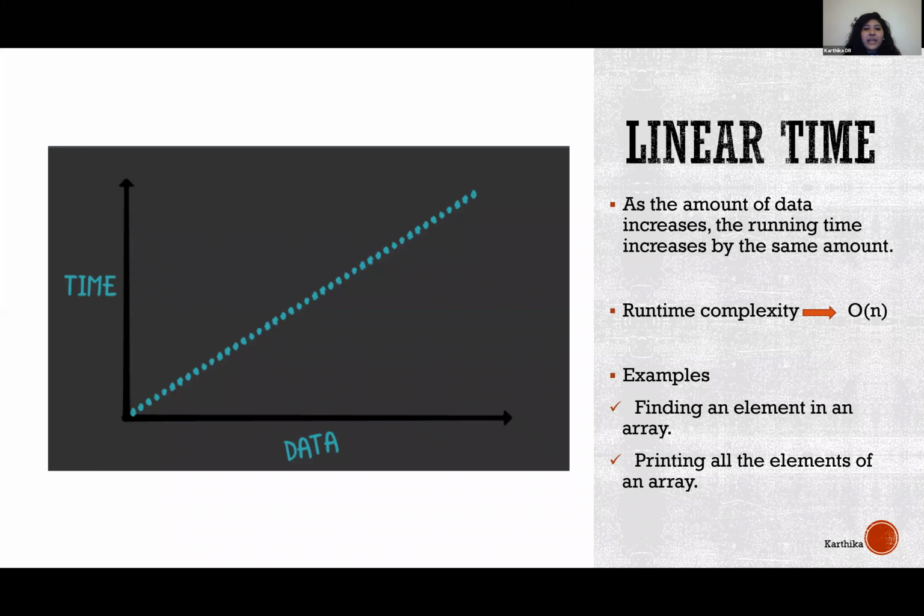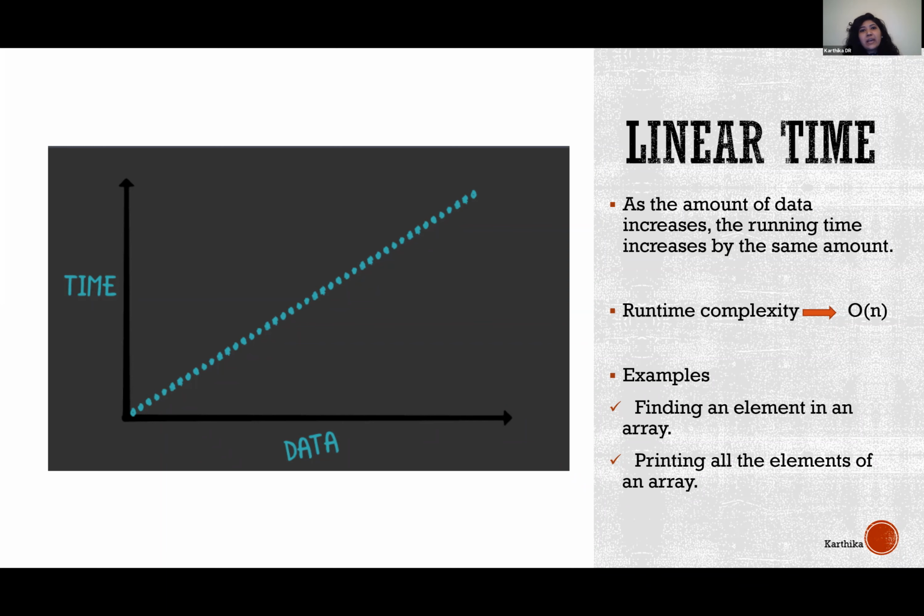Next will be linear time. For this, the representation is O of n. So n is the number of elements in the given input, that is the data. For this, I can give an example: whenever you're trying to find an element in an array, as I told earlier, you can do a for loop, iterating each and every element, checking if the particular element is present or not.